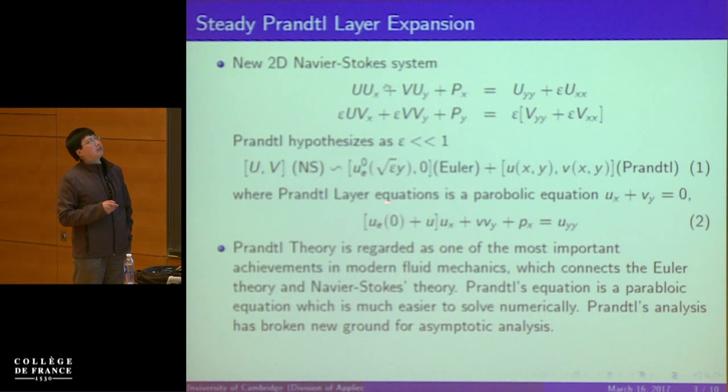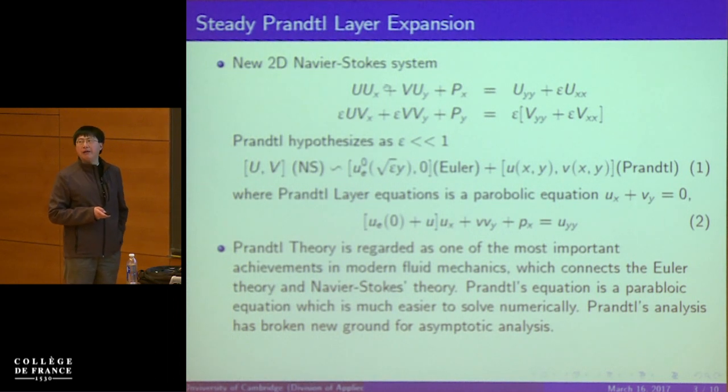As a matter of fact, one of the most important exact solutions of the Prandtl equation is the so-called Blasius flow. My understanding is it matches up very well with the experimental data, the profile. So certainly it's a very well-known theory in fluid mechanics.